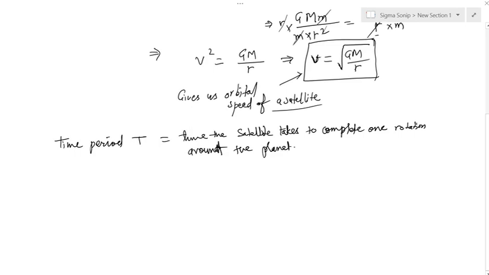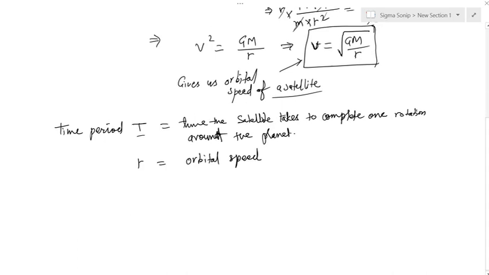And the other quantity that we are trying to find a relation with is r, where r is the orbital radius.